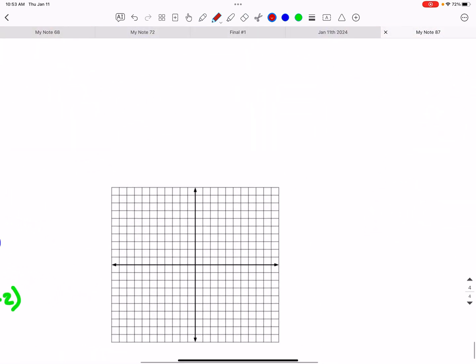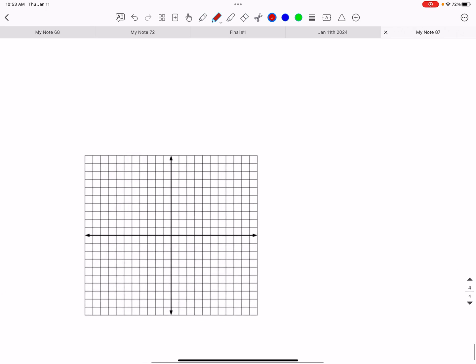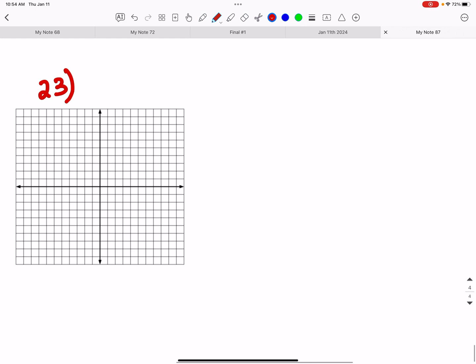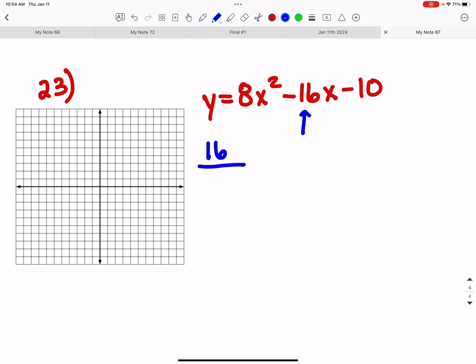And finally, 23. Okay, 23. Y equals 8x squared minus 16x minus 10. Okay, there's a bunch of ways we can do this. Let's just go ahead and do this the way we know. Let's go negative b, which is 16, over 2a, over 2 8's, which is 16.